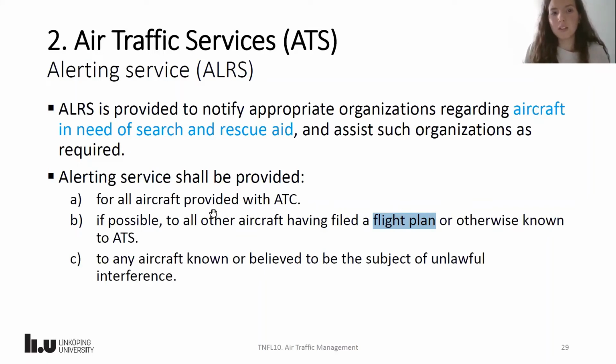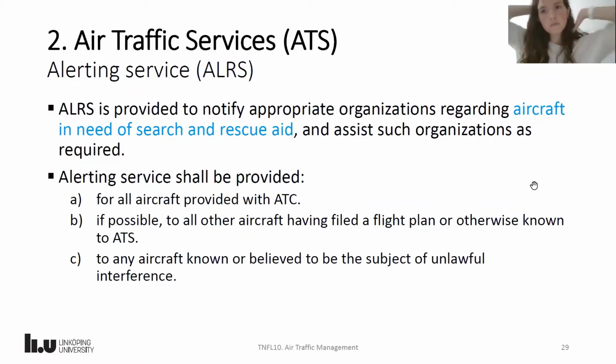But if it's provided with ATC or has filed a flight plan, they will be provided with the service. So the flight plan is the route that aircraft will fly to a certain destination. Basically, a flight plan is the intent of the flight.